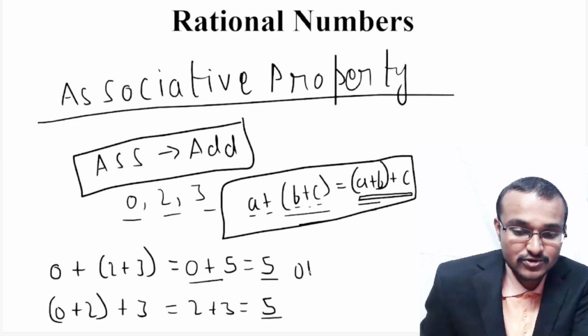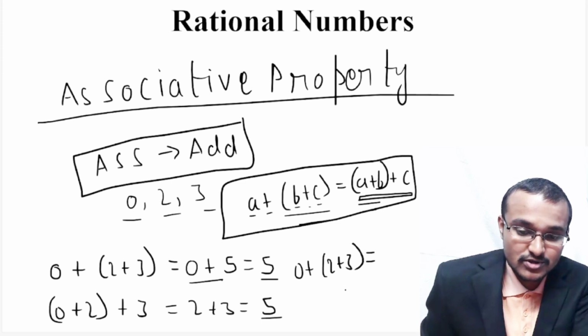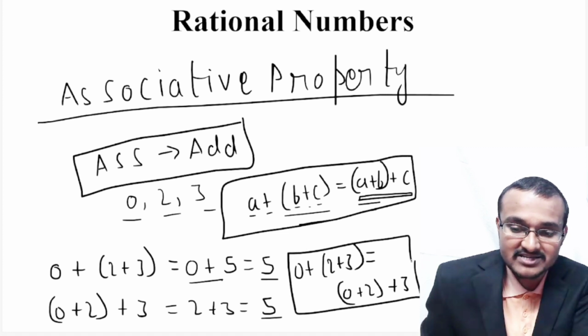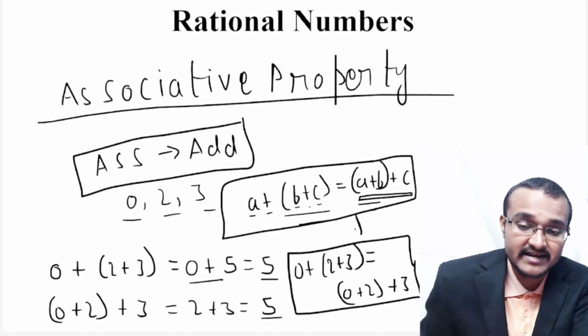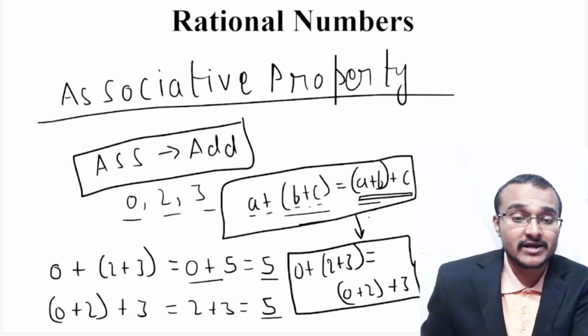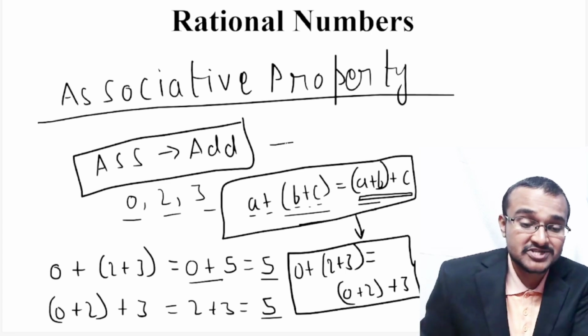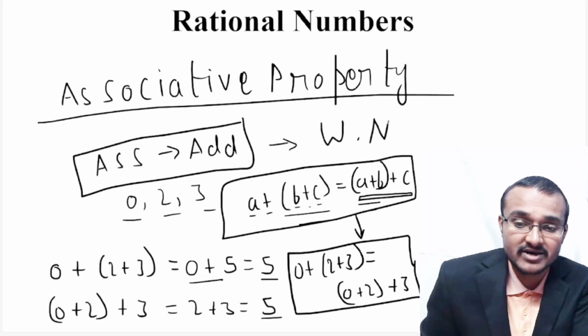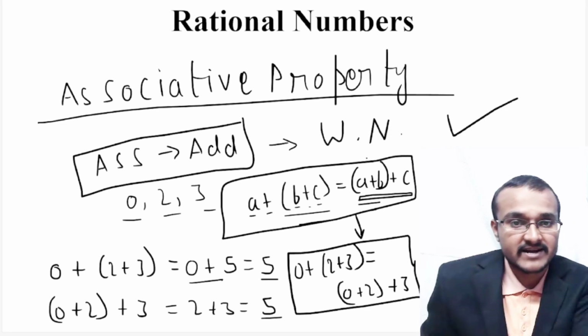That shows 0 plus of 2 plus 3 is equal to 0 plus 2 plus 3. That means the associative property under addition is satisfied by these whole numbers. So the associative property under addition for whole numbers is satisfied.